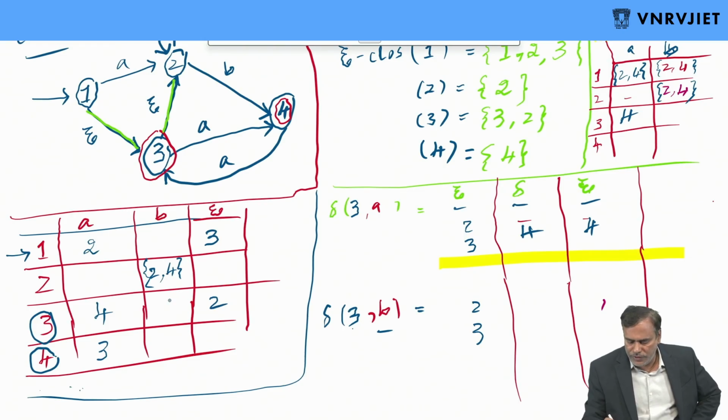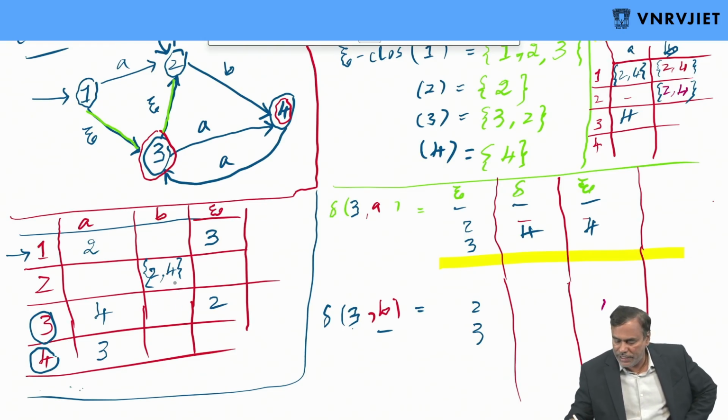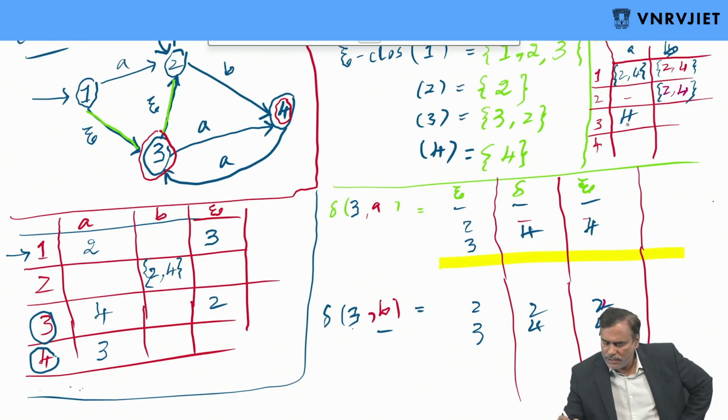So if you take the union of these two things, you are going to get 2, 4. And then once again you have to apply the epsilon closure. Epsilon closure of 2 is 2. Epsilon closure of 4 is 4. You have to take the union of them. So you are going to get 2, 4 itself. I think you are clear. So 3 on B, what you are going to get? 2, 4.